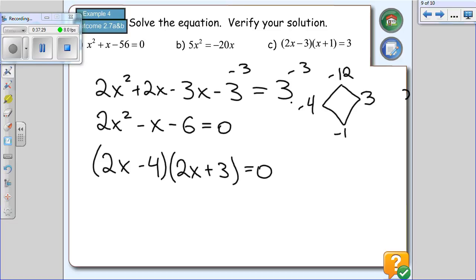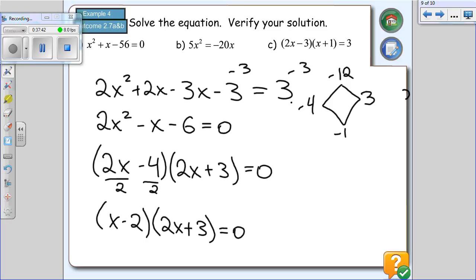And I hope that you notice your first binomial is quite easy to figure out what x needs to be. The second binomial, not so much. So I'm going to show you what you need to do. What would make the first binomial equal 0? That's 2. So the first one is just going to be positive 2.